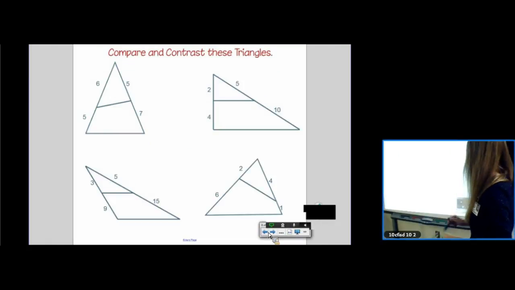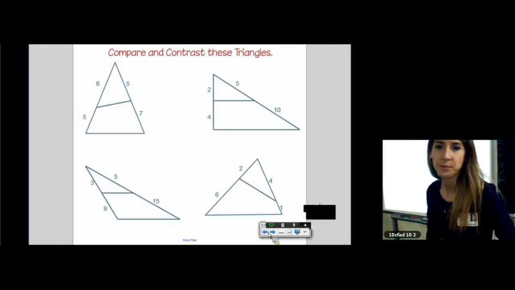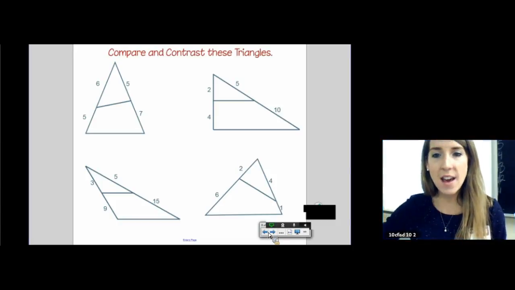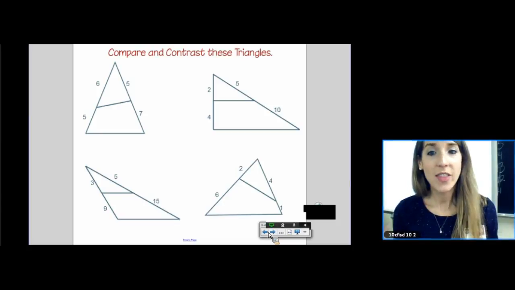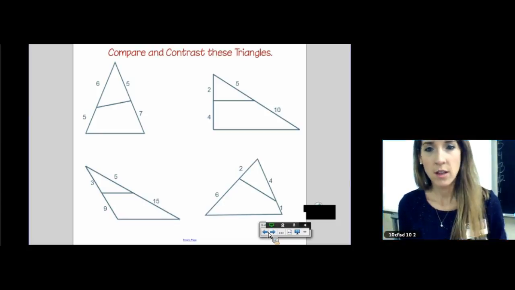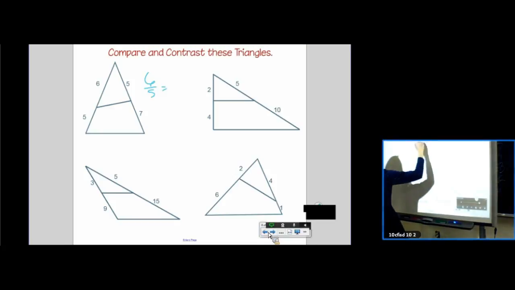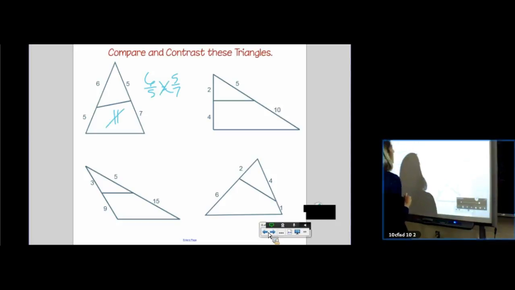So let's look at these different situations here. Compare and contrast these. So it's kind of like when does the triangle proportionality theorem apply and when does it not apply? So remember it says if they're parallel, the sides get split proportionally. So 6 is to 5 as 5 is to 7. Whoa, that is totally false, which means that these are not parallel.